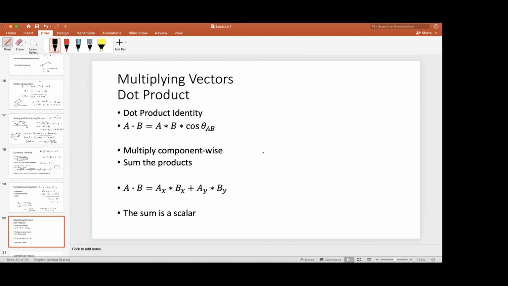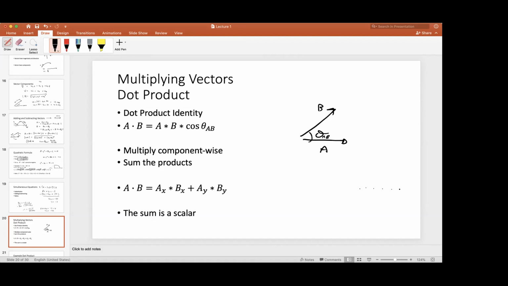So let's imagine I have a vector A and a vector B, and there's some angle between A and B, okay? If I want to know what happens if I multiply A by B, I get this AB cos theta, where theta is the angle between A and B. It doesn't necessarily have to be the angle to the x-axis.